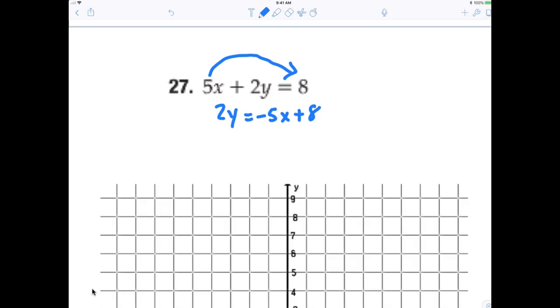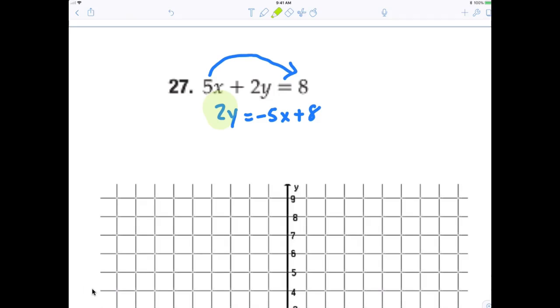And again, it doesn't matter. Now do you understand? All right, now what do I have to do? Nope, not yet you don't. I have to get y by itself. There's a 2 in the way.